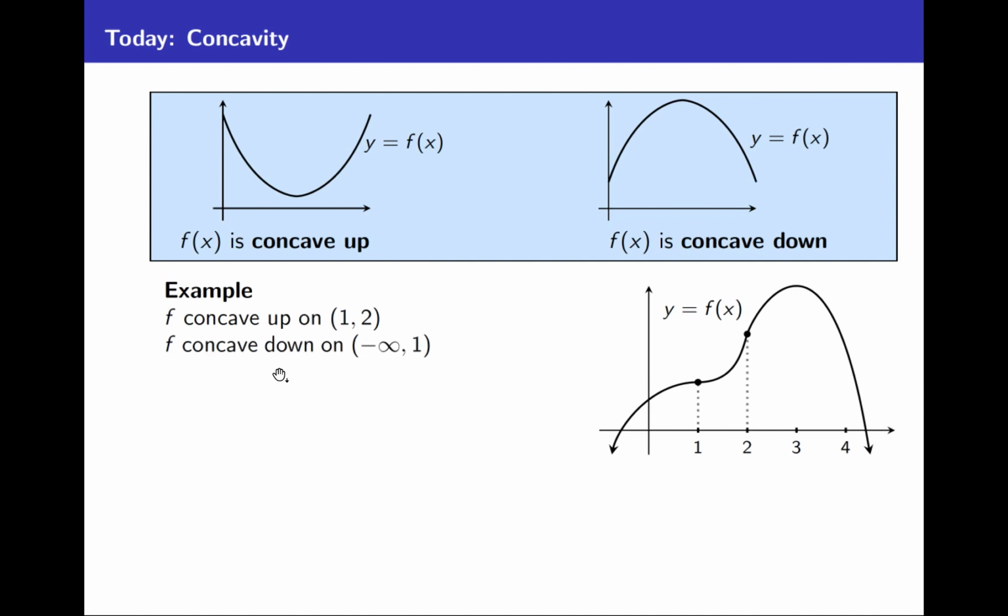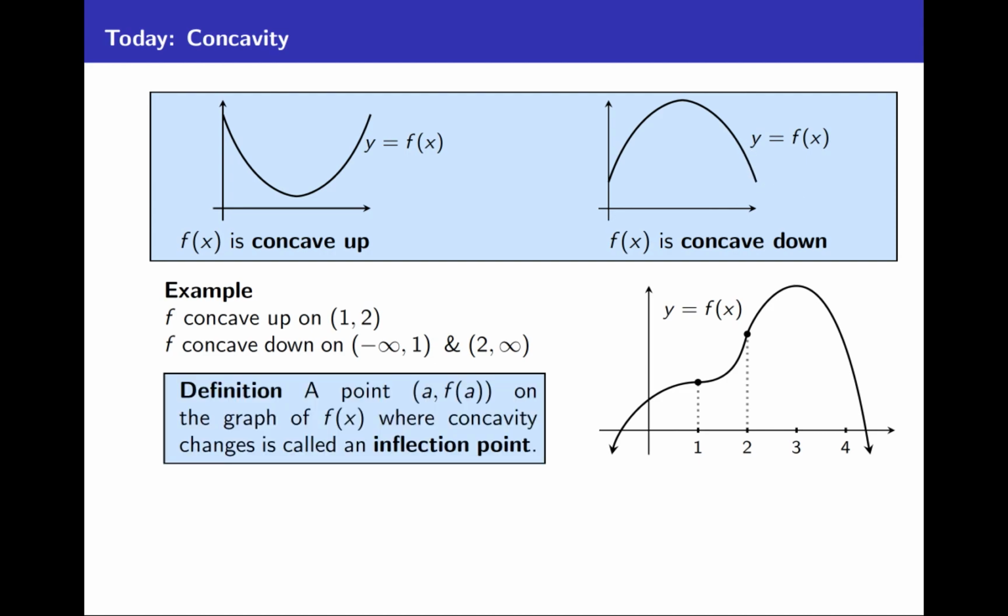We would say f is concave down on the interval from negative infinity to 1, because on that interval, the graph looks like part of an upside down bowl. And also, we would say f is concave down on the interval from 2 to infinity, because there, the graph has the shape of an upside down bowl. It's concave down.